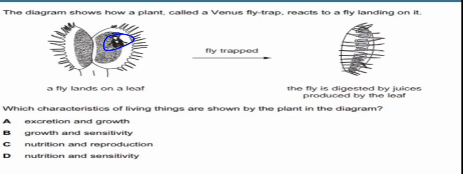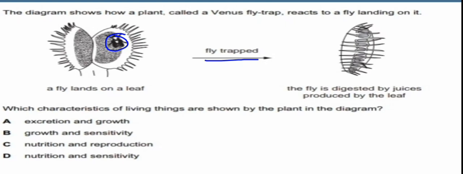They are saying the fly is digested by juice produced by the leaf. After the fly lands on the Venus flytrap, the arrow is indicating that the fly has been trapped.